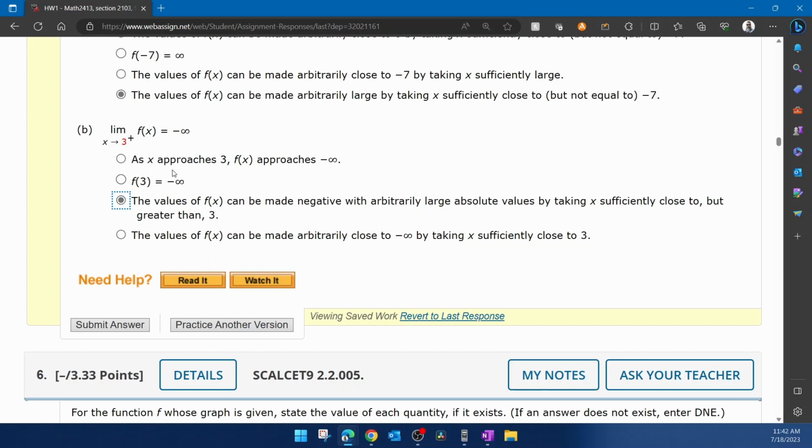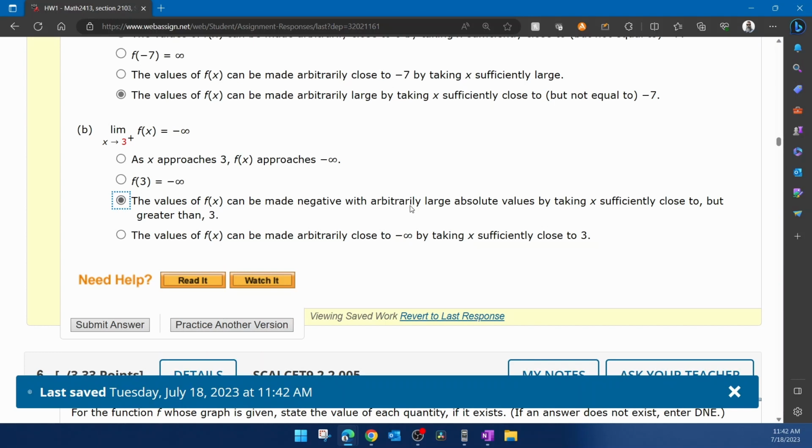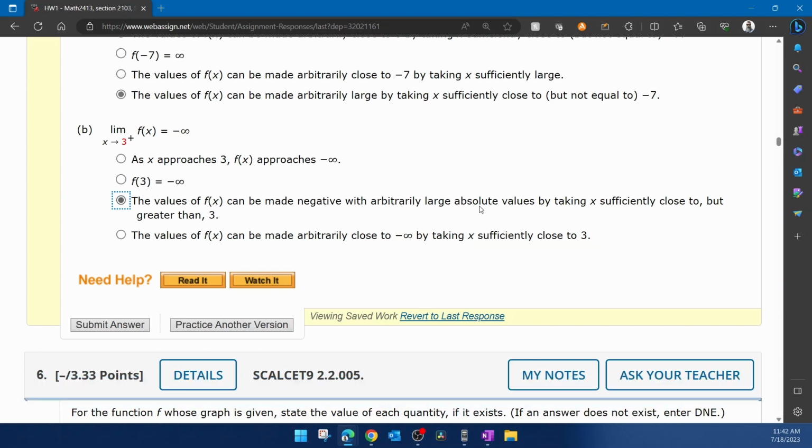So of these three choices, the values of f of x can be made negative, yet -infinity or negative numbers, with arbitrarily large absolute values. So that means that absolute value means that would be positive, and then we're going to make it negative.